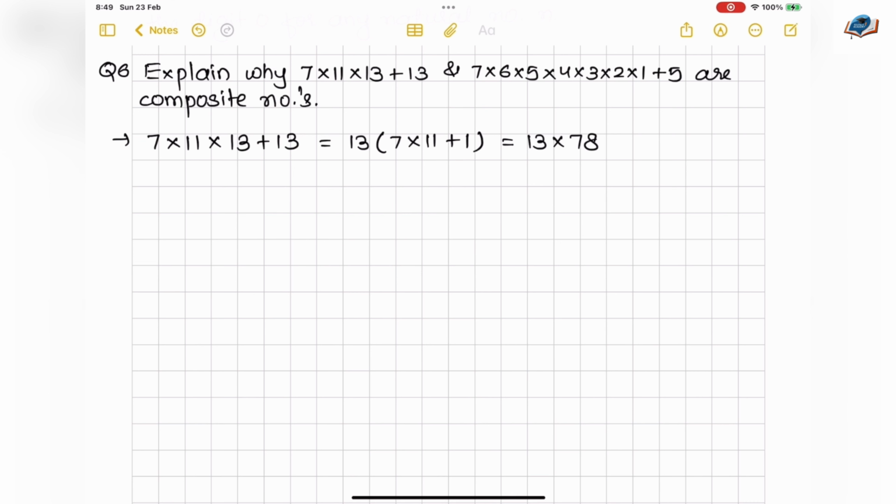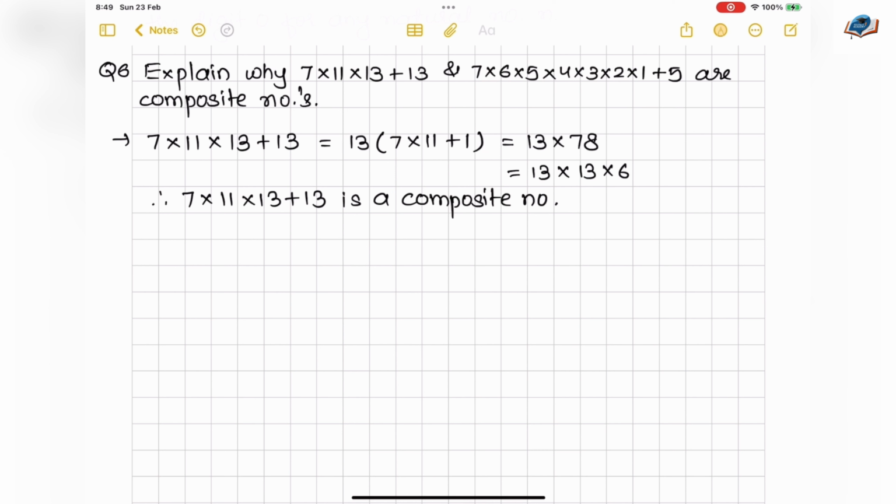Now 78 is having more than one factor, so that I can show 13 into 6. So therefore 7 into 11 into 13 plus 13 is a composite number.